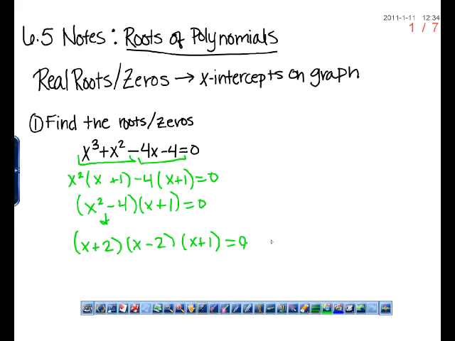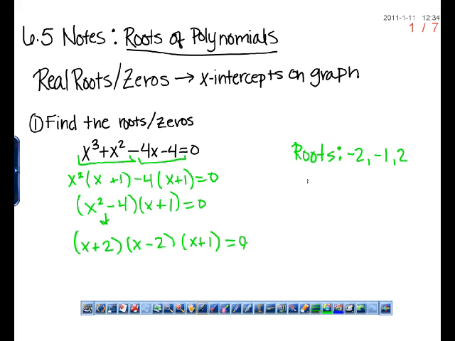All right, so what are my roots? So negative 2, negative 1, and 2. Are those real roots? Yep, so they also represent x-intercepts. Good.